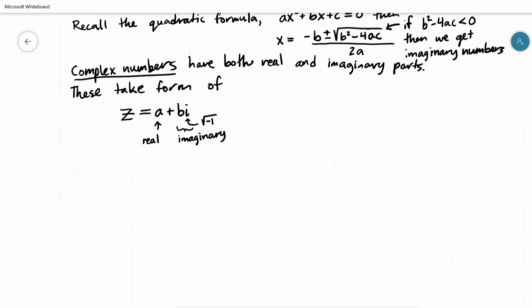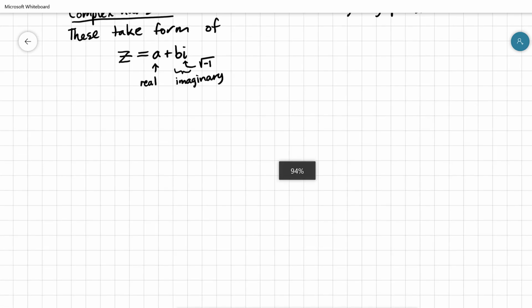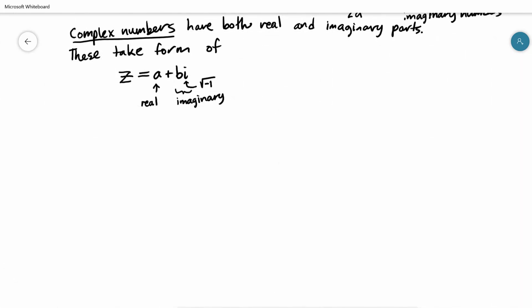So that's kind of why we're focusing on that here. Okay, so this is the form of our complex number. And we can plot them in what we call the complex plane. So we can graph these.